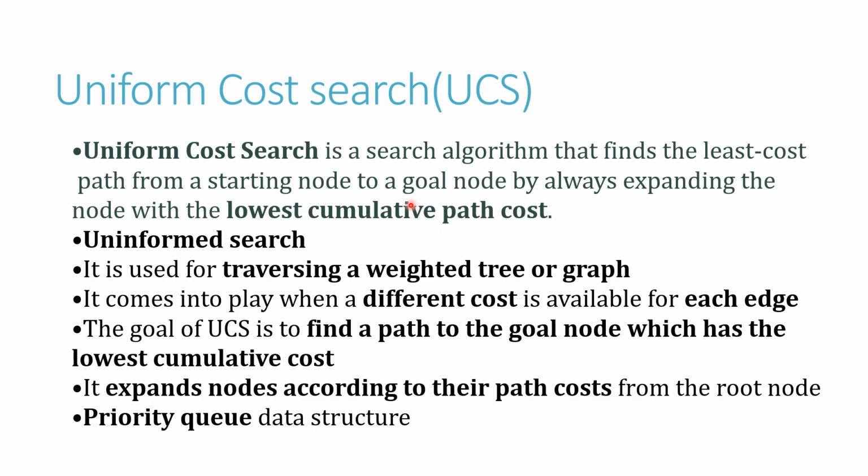So path cost is not considered only from one node to another node. From the start node to the goal node, what is the cumulative path cost? The minimum value will be considered for expanding the node and finding the best solution. So this is one type of uninformed search.